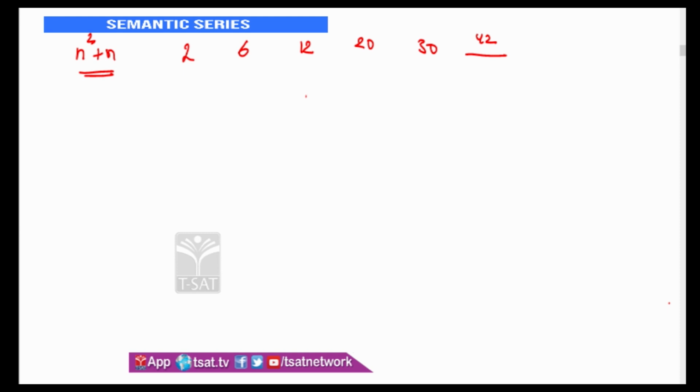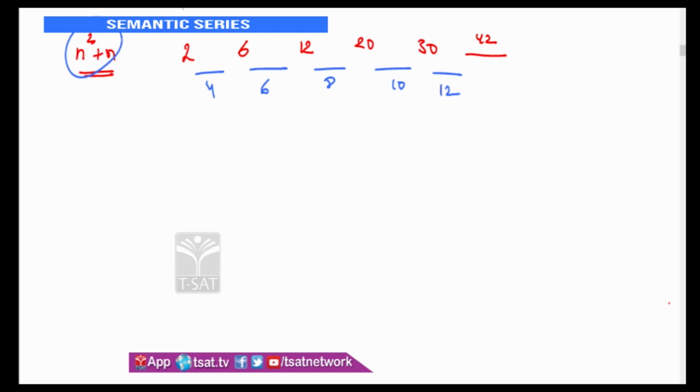I said that if you are unable to identify the pattern, the next step you can do is take the difference. What is the difference between 2 and 6? It is 4. Here the difference is 6, here 8, here 10. So even though you are unable to recognize the n square plus n pattern, if you take the difference, then obviously you can find the answer.